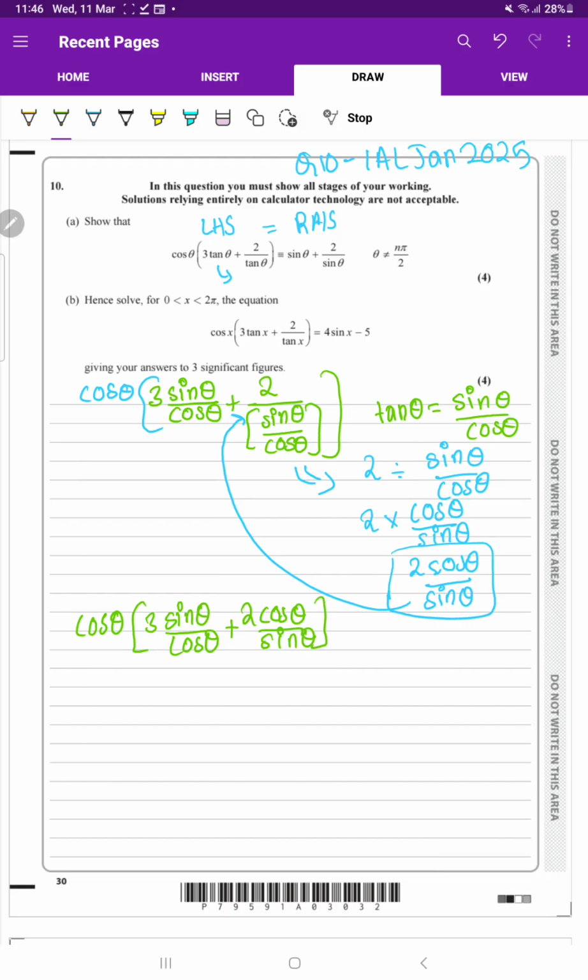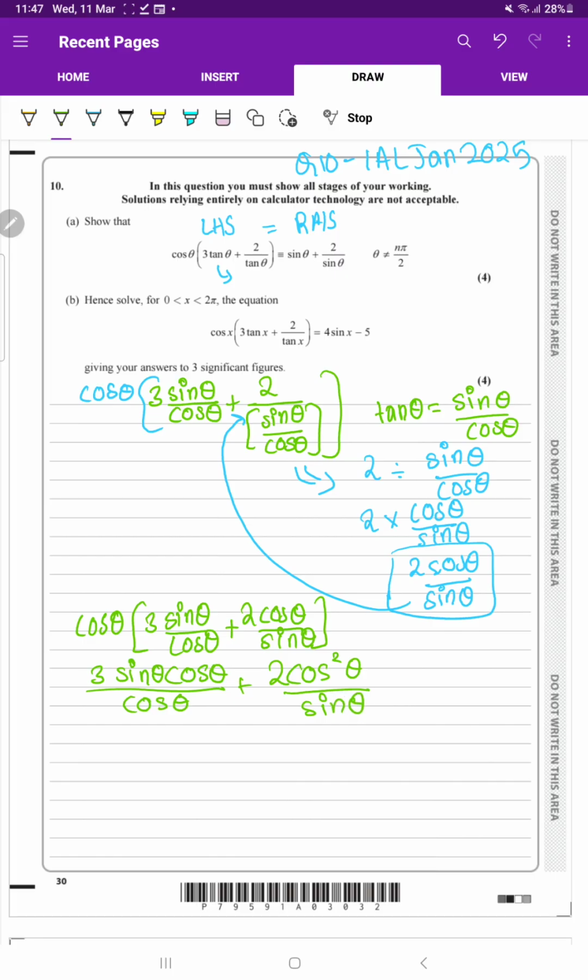Now the third step is to expand the bracket. So you have 3 sin theta cos theta over cos theta, plus 2 cos squared theta over sin theta.